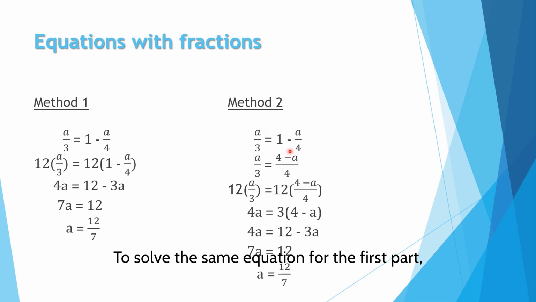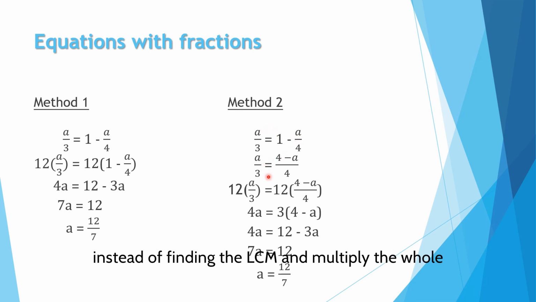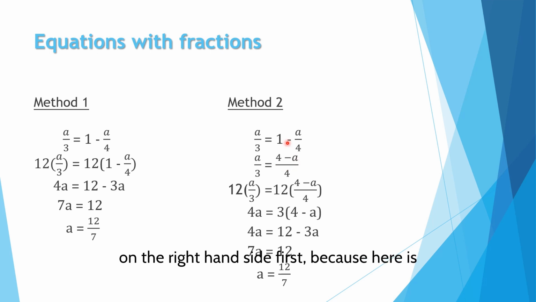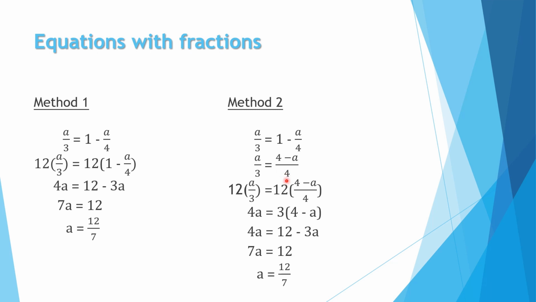For the first part, instead of finding the LCM and multiplying the whole equation by 12, we can find a common denominator on the right-hand side first, because here it is an integer minus a fraction. And so we can find a common denominator first by making the numerator 4 minus a, and the denominator is 4 here.